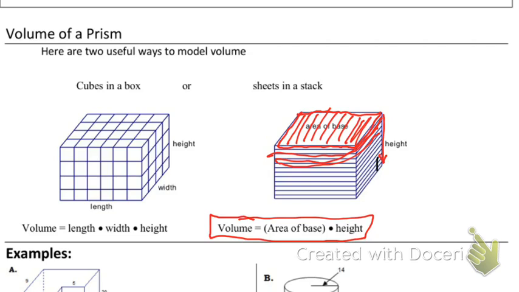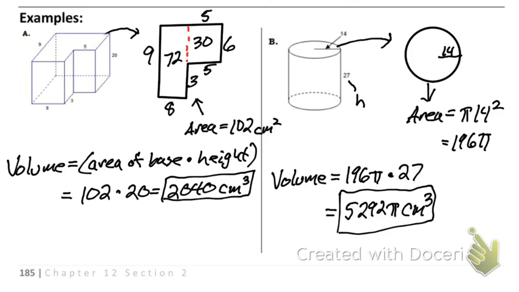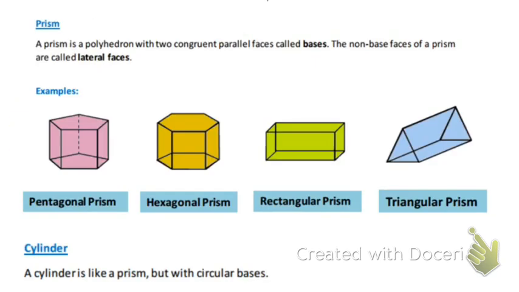And in fact, that's exactly what's happening here, because length times width is the area of our base, and we're just multiplying by the height. So regardless of what formula we're using, it really is the same thing. So rather than thinking of length times width times height, I always think of just area of the base times the height. It just makes it a lot easier going forward with different types of shapes.